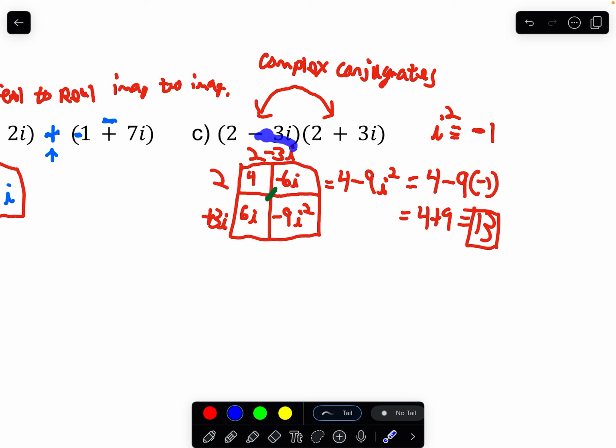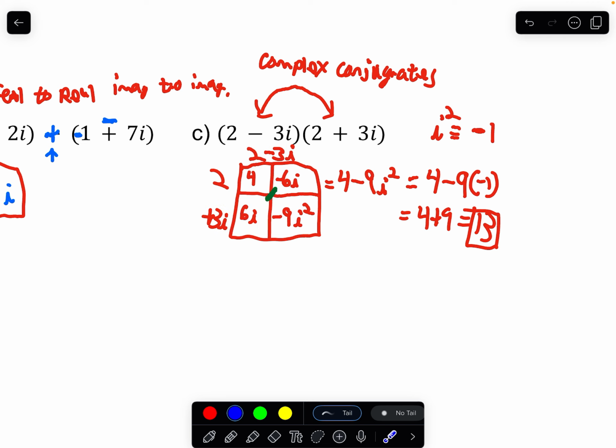I like the box, especially for those who are just learning this. So here's the box. I got one complex number across the top, the other one down the side. So in the first box, it goes 2 times 2, which gives you 4. Second box is 2 times a negative 3i, which gives you negative 6i. And then in this box, we got 3i times a positive 2i, which gives us a positive 6i.